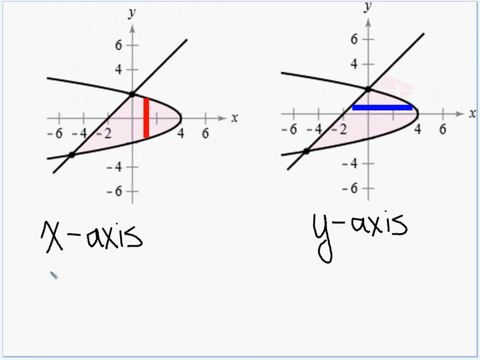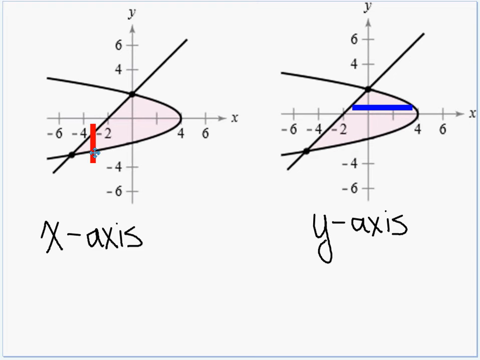Now, for part A, we want to integrate with respect to the x-axis. So that means our representative rectangle will be perpendicular to the x-axis. Let's see what happens as that moves through here. As we start accumulating area on the left, it's nice and easy to see that the top of the rectangle is touching the straight line.